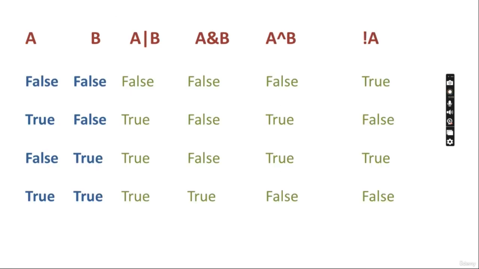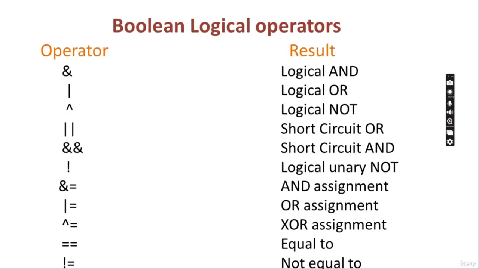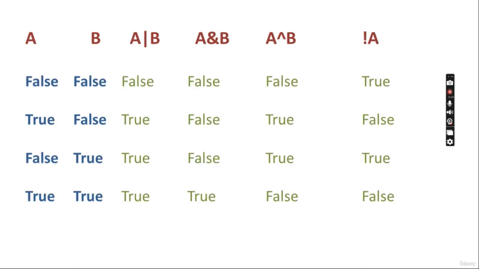Here is the chart. You can write it down if you need. So if A is false, B is false, A or B will give me false, A and B will give me false, A XOR B will give me false, and not A will give me true. Then A is true, B is false.